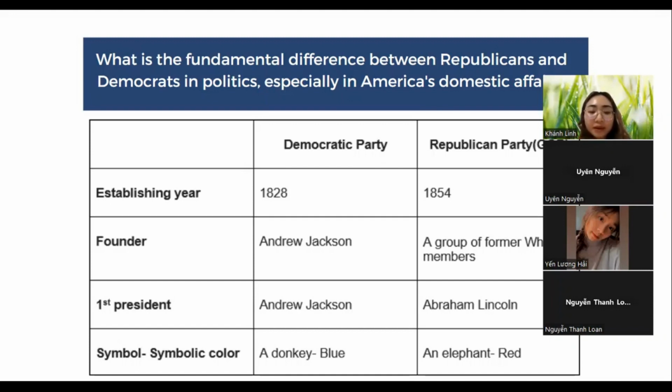The prime figure of the Republican Party was Abraham Lincoln, head of the Union against slavery in the American South and the President of the United States from 1861 to 1865. The symbol of the Republican Party is the elephant. So we can call it another name, the Elephant Party. And the symbolic color is red.